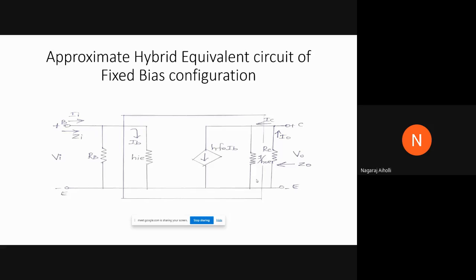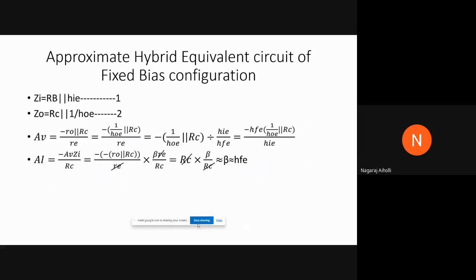Are they connected in series? Parallel, sir. Parallel, very good. If they are connected in parallel, what will be the output impedance? RC parallel 1 upon HOE. Very good. That is what it is here. Z0 is equal to RC parallel 1 upon HOE, or 1 upon HOE parallel RC.